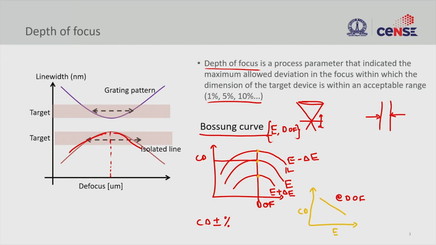Or if my variation is within 5%, my circuit will still yield what I actually intend to do, right. So you want to look at what is the window of exposure dose and your depth of focus within which you will get this desired variation, right?